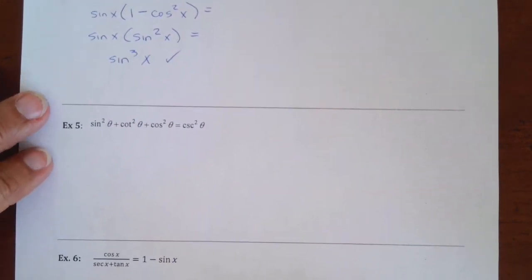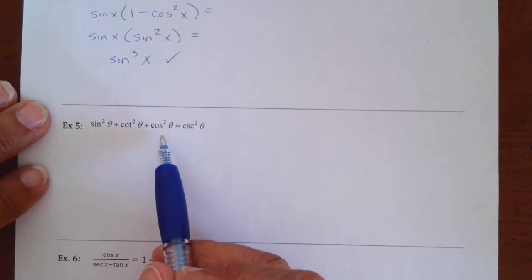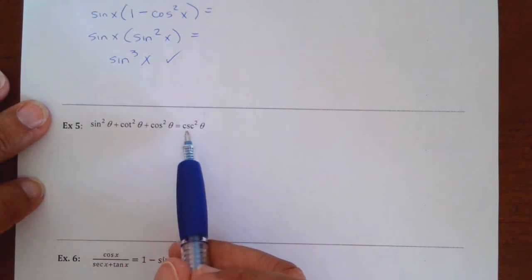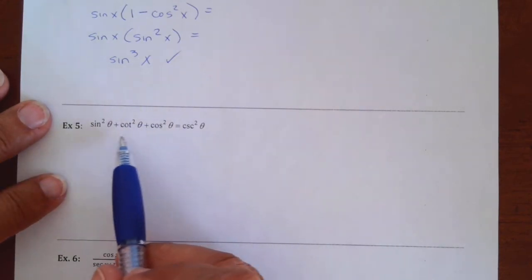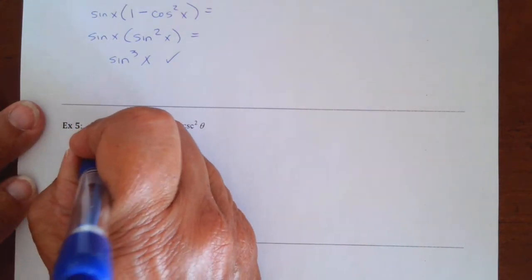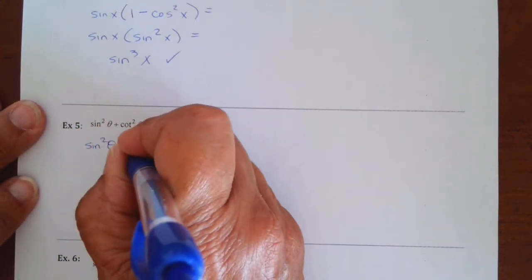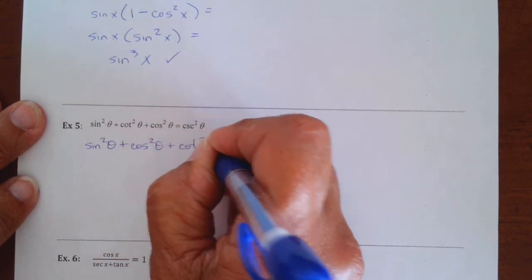All right, example 5. This looks harder, so I'm going to do that. I got 3 things being added together, so I got a lot of squares, so I'm thinking Pythagorean identities, and so I want to kind of mix things up. I'm allowed to move things. So I'm going to write this as sine squared theta plus cosine squared theta plus cotangent squared theta.